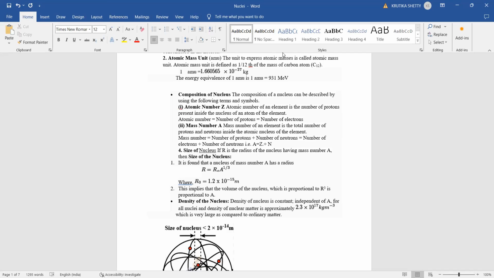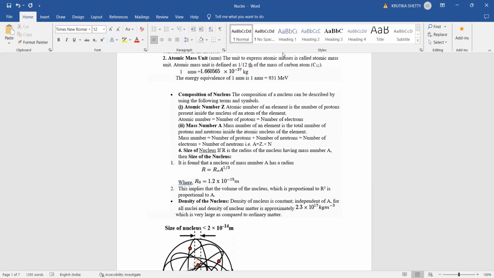The size of the nucleus is given by the radius of the nucleus. The radius of the nucleus is R equals R naught A raised to 1 by 3. R is the radius of the nucleus, R naught is a constant. What is A?